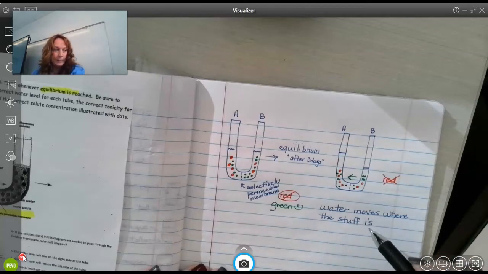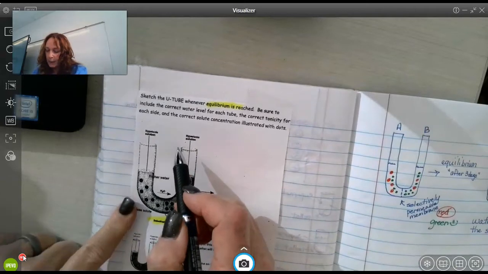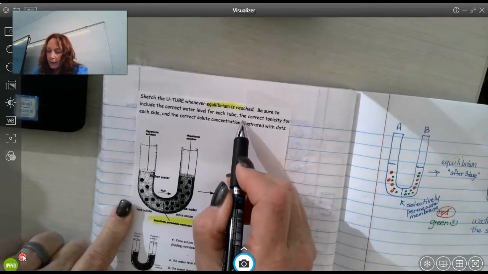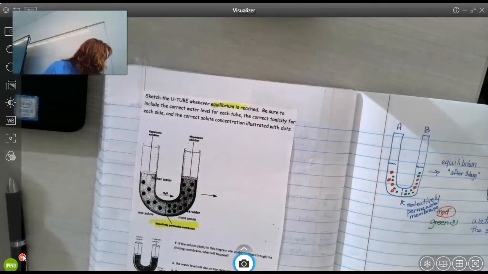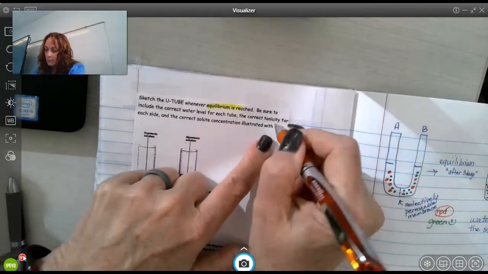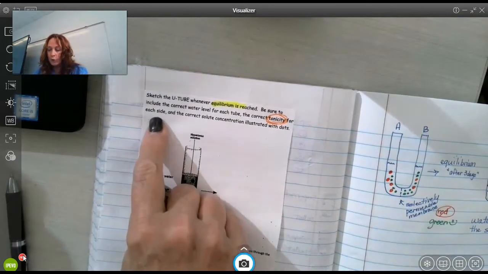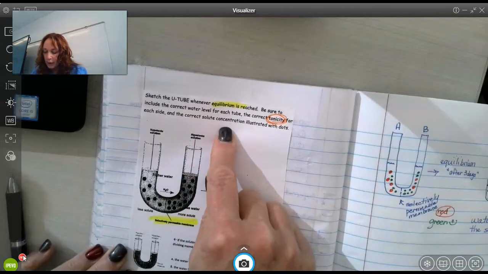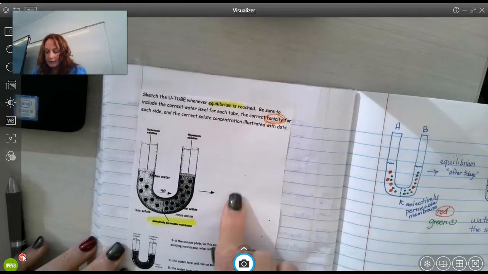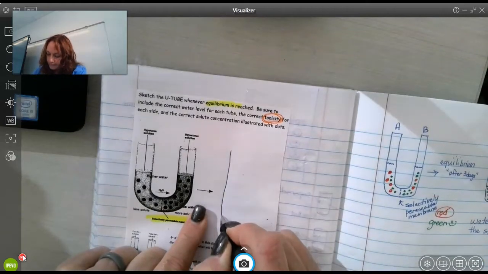That's an example problem. Let's look at this one. So I have to give the correct tonicity, that's an important word, for each side, and the correct solute concentration illustrated with dots. So I have to draw this out. So I'm going to draw it.